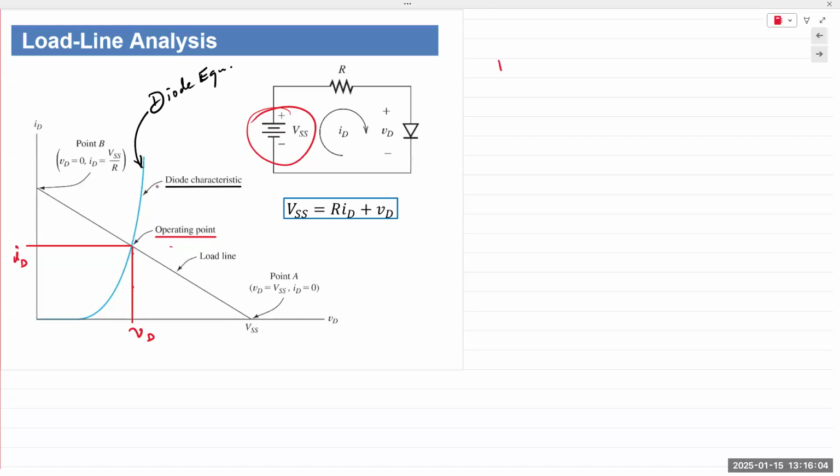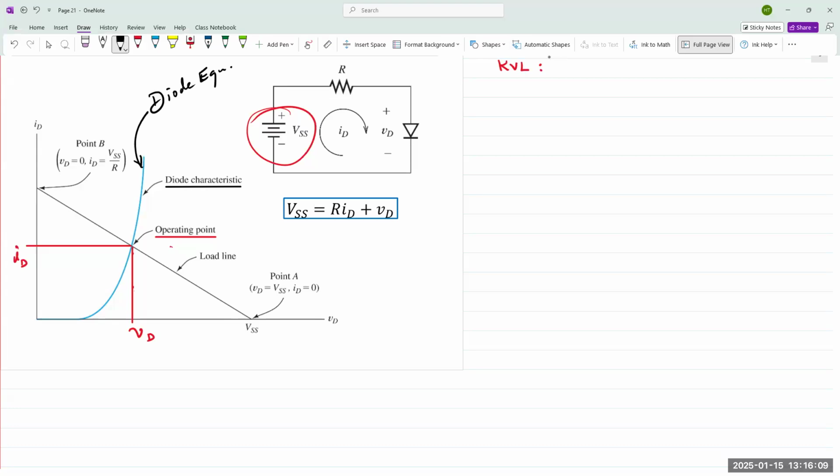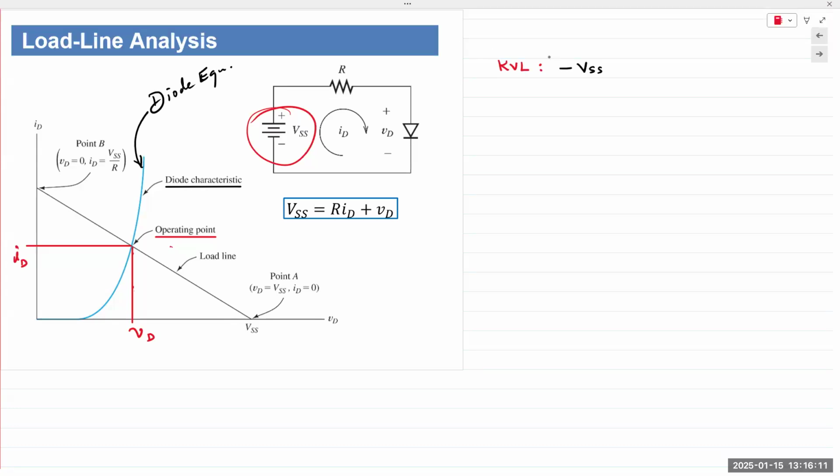So if I apply KVL to the circuit, I obtain minus VSS plus VR plus VD is equal to 0. And therefore, VSS is equal to VR plus VD, and I can use Ohm's law to describe the voltage across that resistor as ID times R.